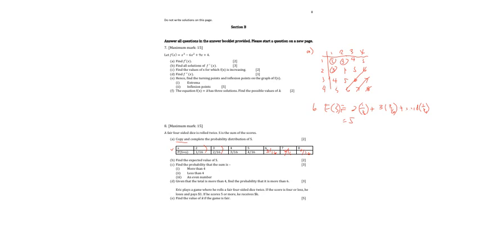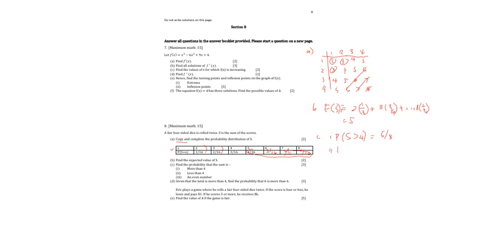For letter C, find the probability that the sum is more than 4. So we just add all of this. So the probability of the sum being greater than 4 is equal to 4, 5, 6, 7, 8, 9, 10 out of 16, which is also 5 out of 8.